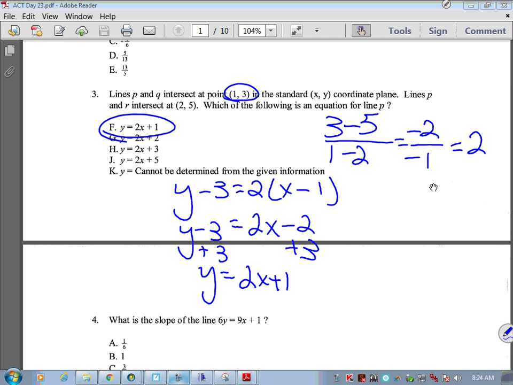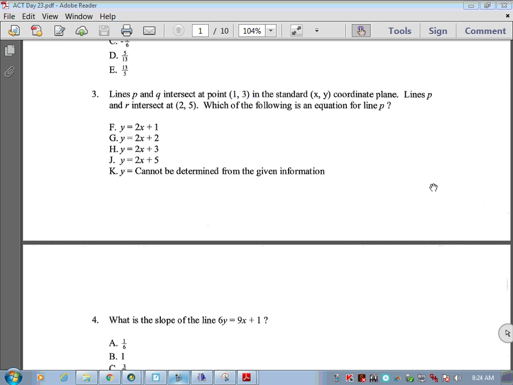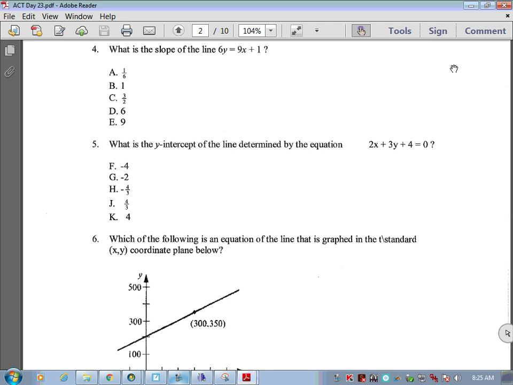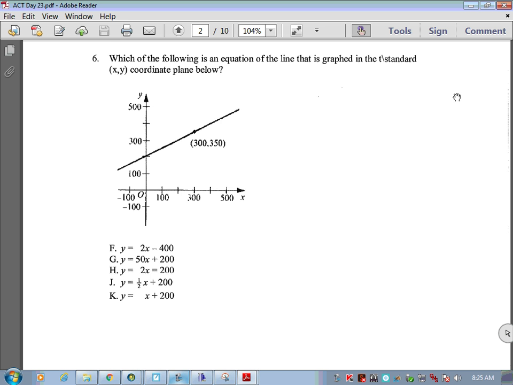Okay. All right. Let's flip over to this page. We have 4 through 6. Yeah, Ryan? 6. Which of the following is an equation of a line that is graphed in the standard xy coordinate plane below?